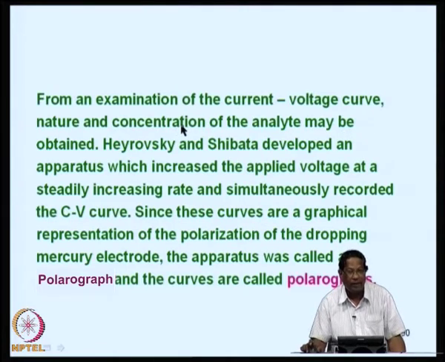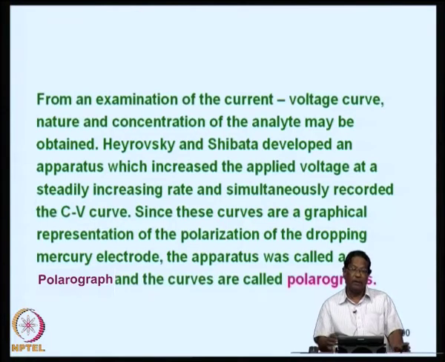concentration of the analyte. Heyrovsky and Shikata developed an apparatus which contains this quiescent mercury pool and a dropping mercury electrode, in which they increased the applied voltage at a steadily increasing rate and simultaneously recorded the current voltage curve.